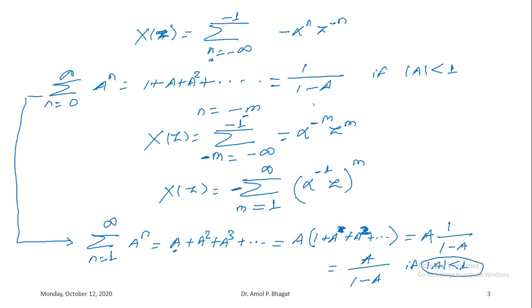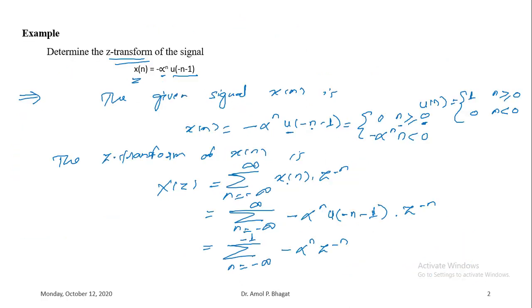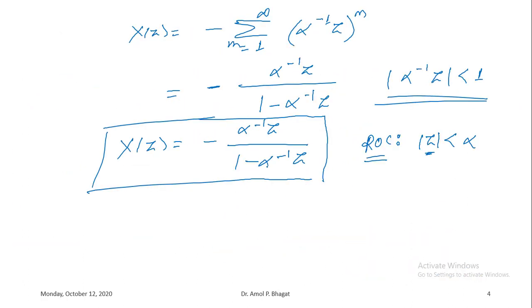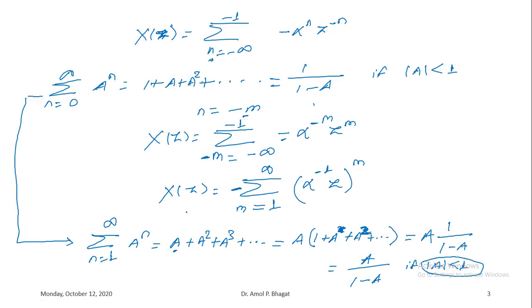In the previous example the limits were from 0 to infinity, but here we have modified it to 1 to infinity because the given signal depends on the unit step signal, which exists only for negative values of n in this case, because it is u of minus n minus 1. Therefore the summation limits here are 1 to infinity, and because of that we have used the geometric series form for 1 to infinity, that is a upon 1 minus a.